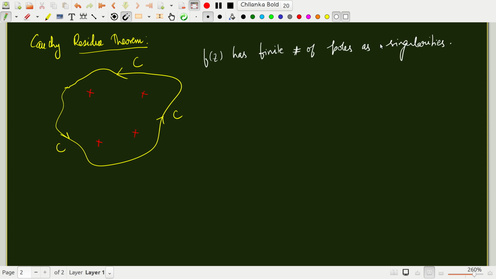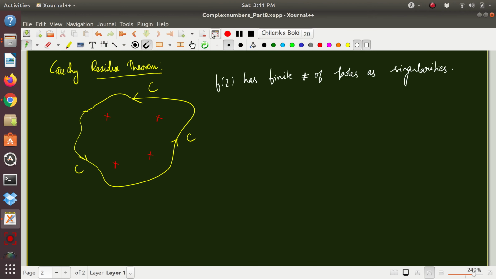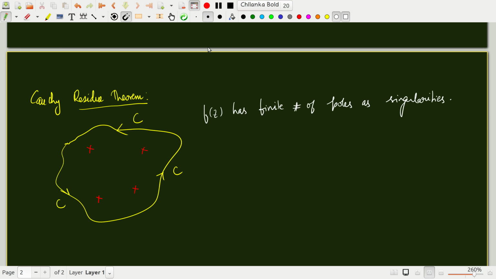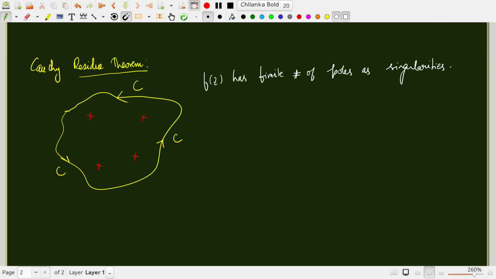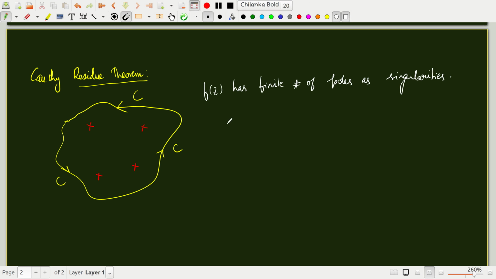Okay, now I am interested in calculating the integral over this contour of f of z dz, where f of z is not analytic but it has a finite number of poles.